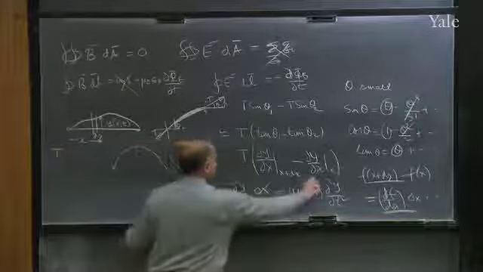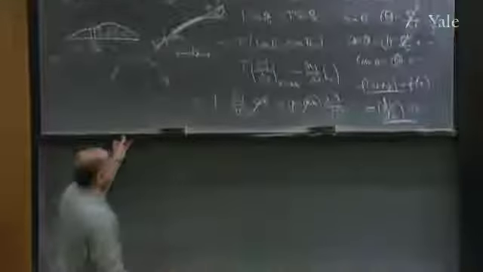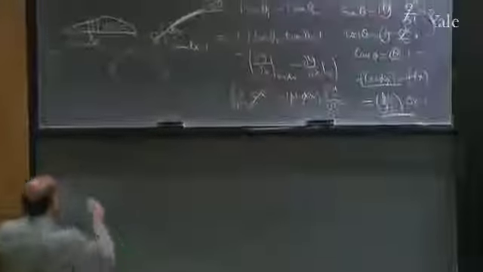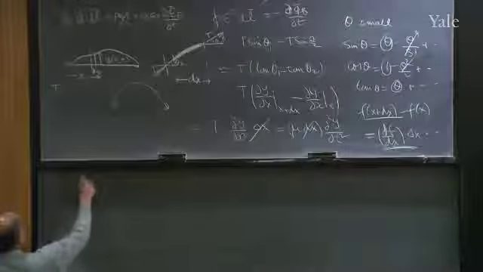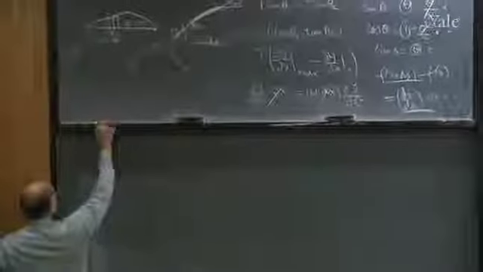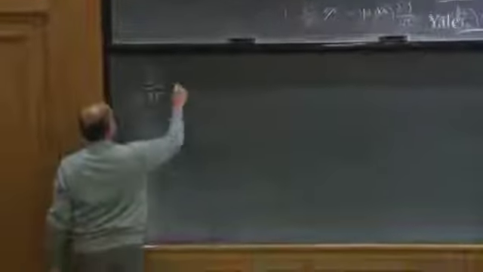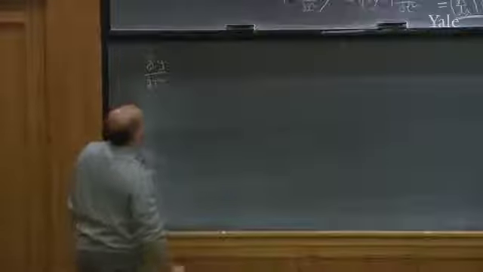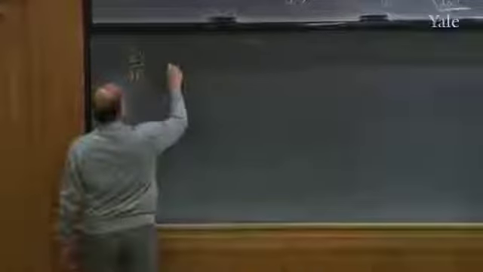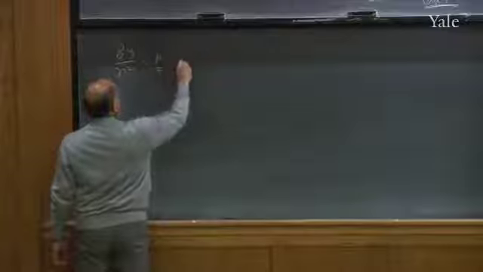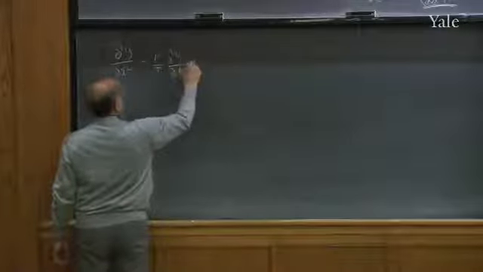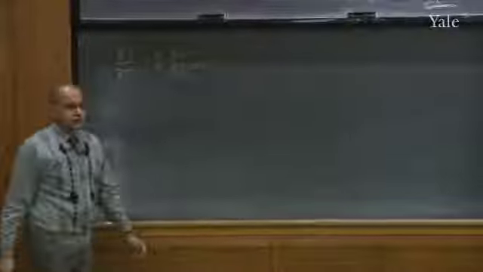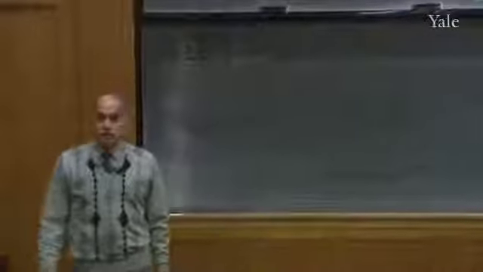Canceling the delta x, we get this wave equation, which says d2y over dx squared minus mu over T d2y over dt squared is 0. And that's the origin of the wave equation.